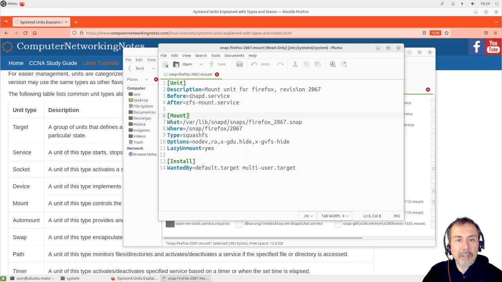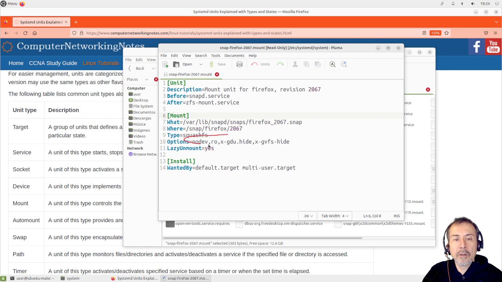Here we have a mount unit, and it tells us what needs to be mounted and where. This is the mount point, like when we were using the mount command. We will mount this at this point. This is the type of the file system. A squashfs file system is a read-only file that represents an entire system.